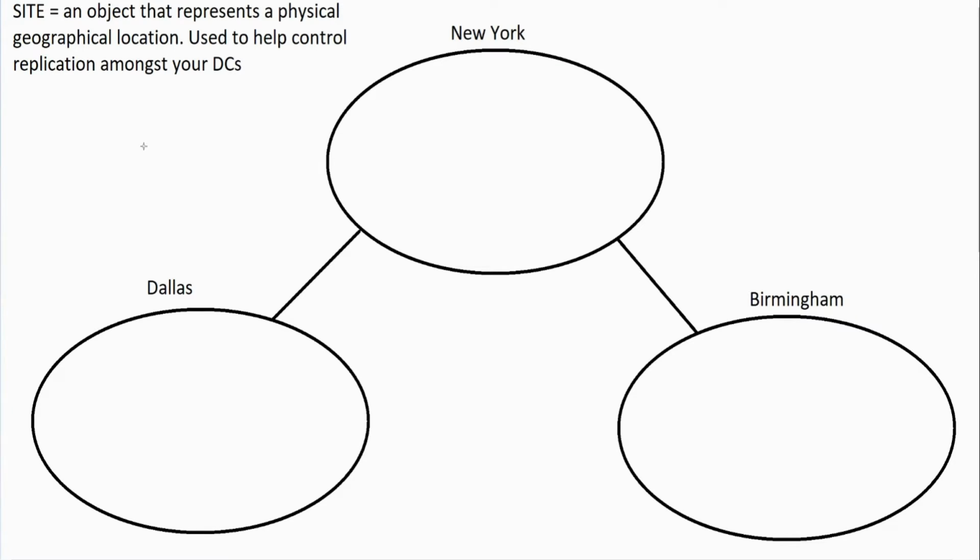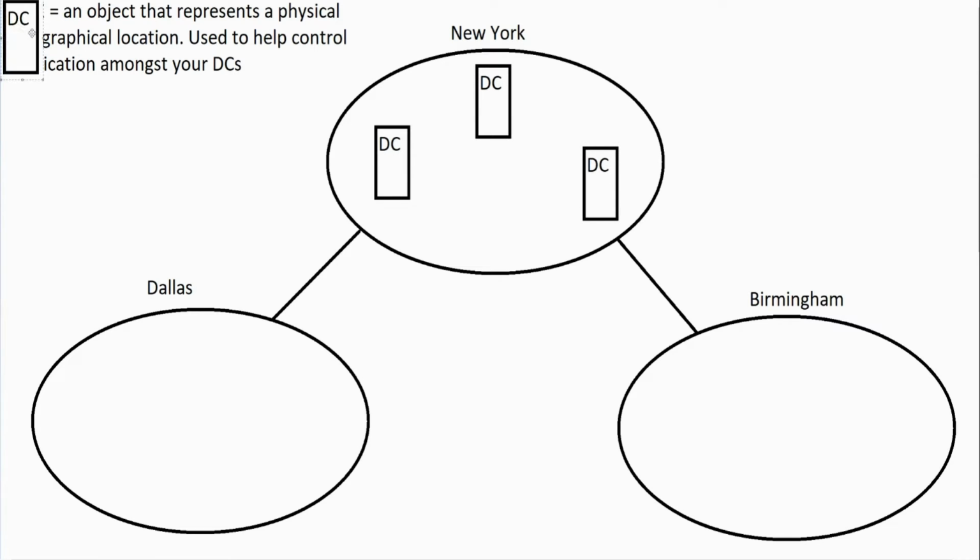Let's say we have a domain controller here, DC, because really it's only domain controllers that matter when it comes to all this. We're going to pretend that we have 4 domain controllers in New York. Within Active Directory, a domain controller has a component called the KCC, the Knowledge Consistency Checker, and all domain controllers have that component.